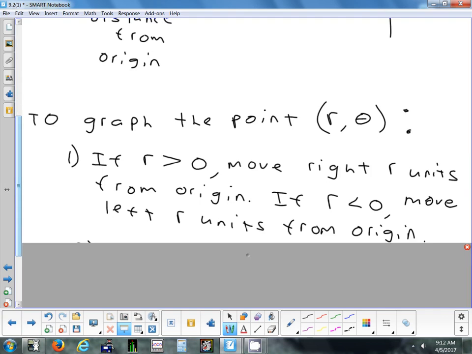So if r is positive, you're going to move right. It's almost like an x coordinate. Right if it's positive, left if it's negative. If it's 0, well, you don't move.